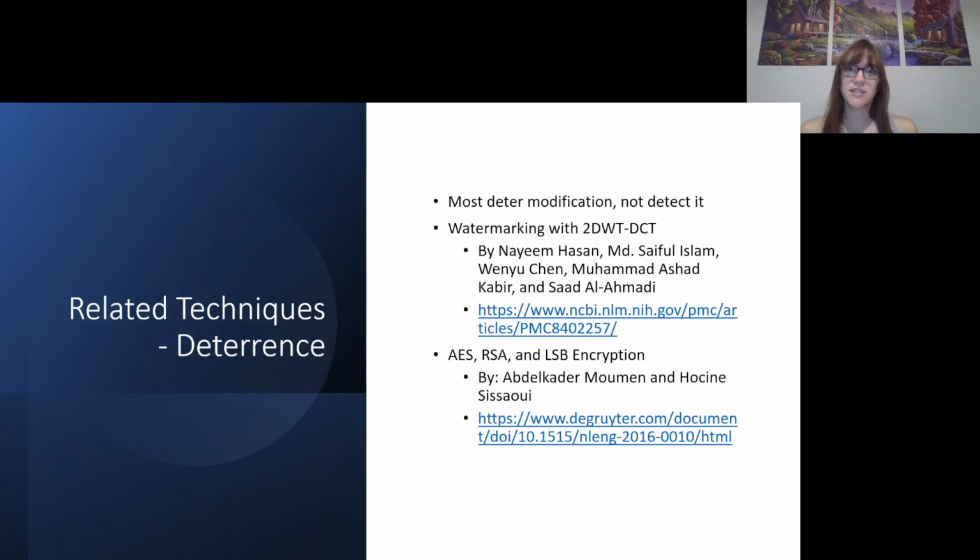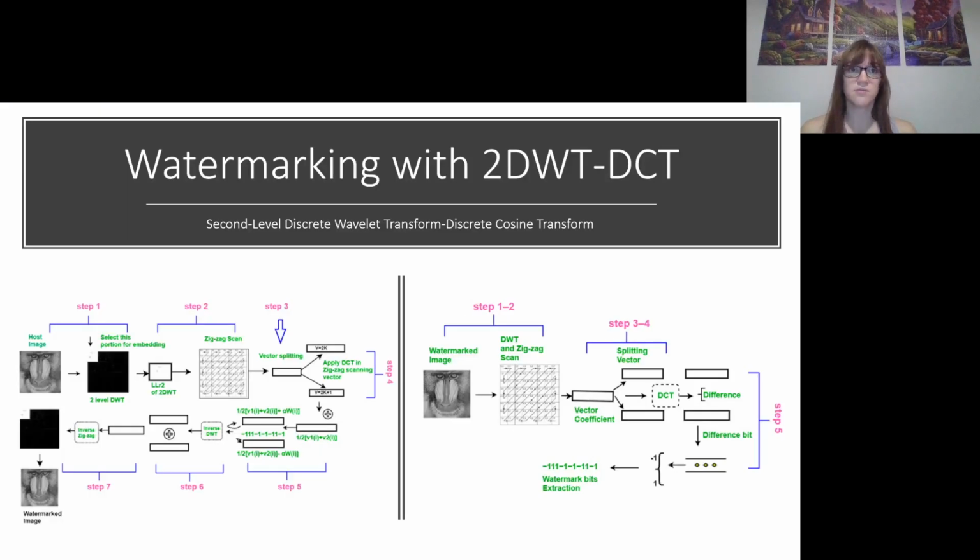The different studies done that I researched showed different ways to deter modification of images, whether it be through a watermark symbol or through some form of encryption that makes the image unreadable without the key. So with these different methods, we found that the watermarking with a 2D WT DCT, second level discrete wavelet transform, and discrete cosine transform can take an image and transfer it over to the frequency domain.